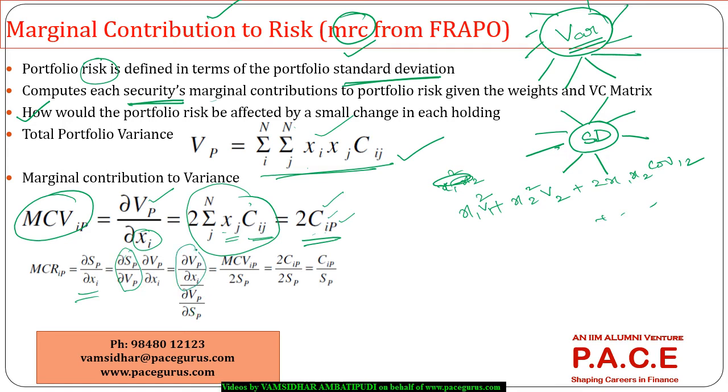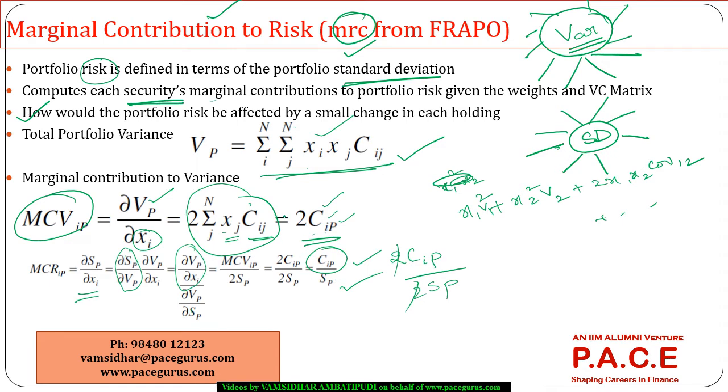Dou variance by dou xi is something we already know, which is 2 times the covariance of i with the portfolio, which we have already computed. And dou variance by dou sp, since variance is nothing but standard deviation squared, gives 2 times sp as the denominator. So with the 2 cutting off, it comes out as the covariance between the security's returns and the portfolio divided by the standard deviation of the portfolio. So that is what gives me the marginal contribution.